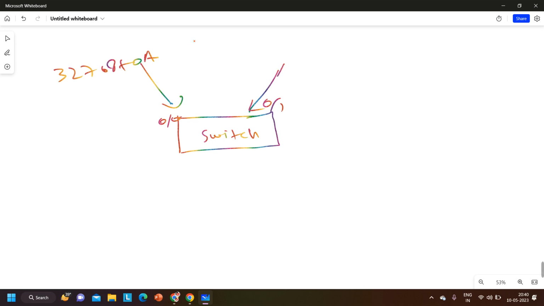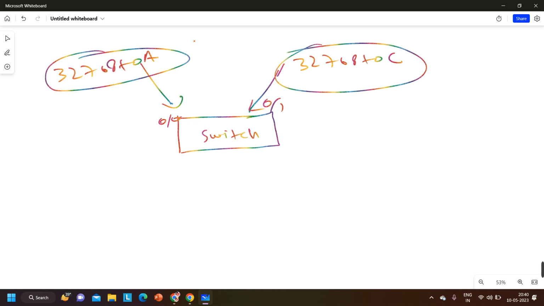And when switch 3 sends a BPDU, the bridge ID will be 32768 plus 0C. So this is the first way. Through the root bridge ID, it can identify that I am receiving the superior BPDU over here, because here I am receiving the BPDU with the lower root bridge ID. So to identify the superior BPDU, the switch is going to check the first information, that is the root bridge ID. From where the switch receives the BPDU with the lower root bridge ID, that will become what? Best.